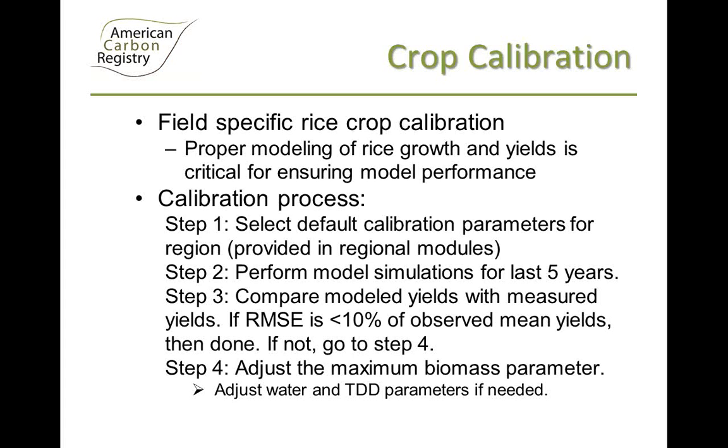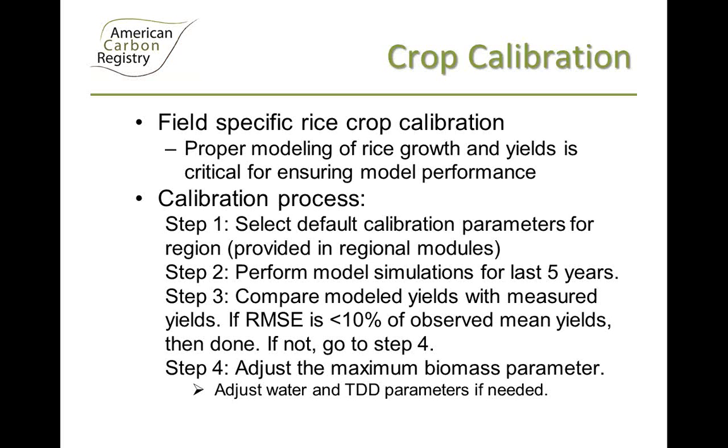You then do a direct comparison of the DNDC-based estimates of yields with your measured yields for each field, and then you look at the residuals between the two, and if the root mean square error between your observed yields and modeled yields are less than 10% of the mean observed yields, then that's deemed to be sufficient calibration.